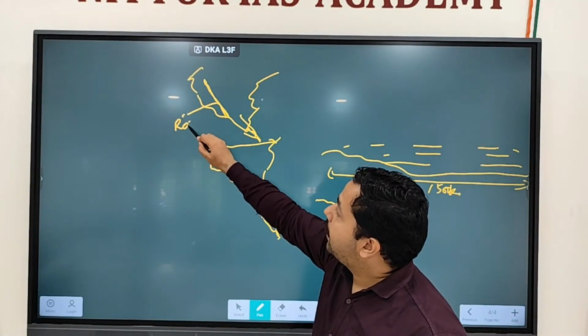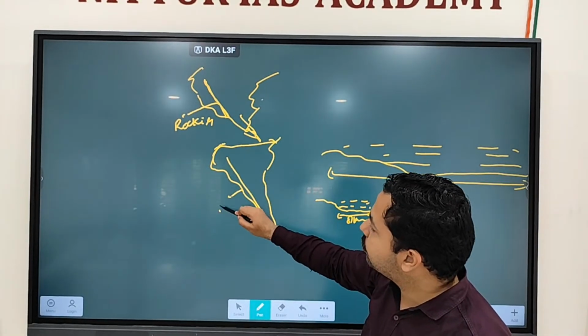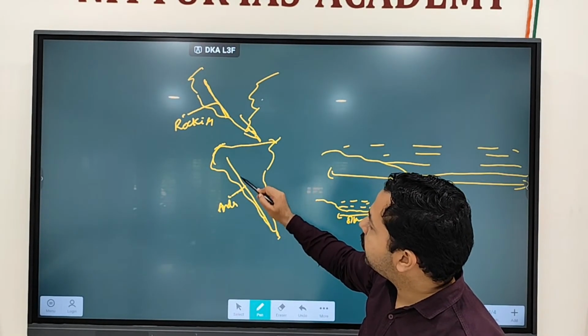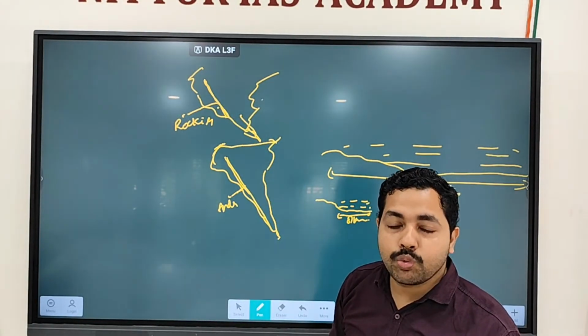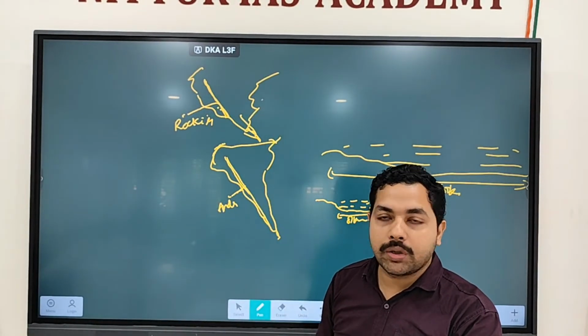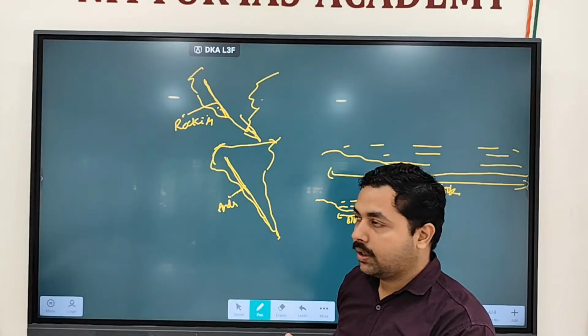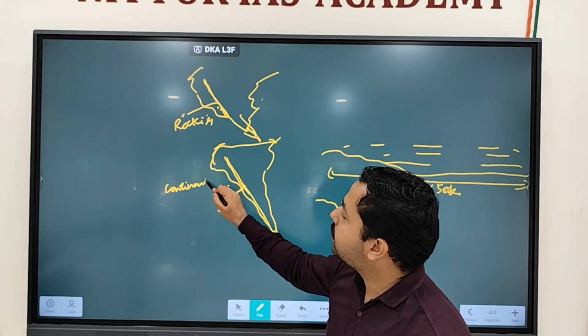Rockies. And in South America, which mountains are you finding? Andes. So this mountain is the Andes, while this mountain is the Rockies. So wherever you generally find mountains at the coast region, there the continental shelves are generally absent also.